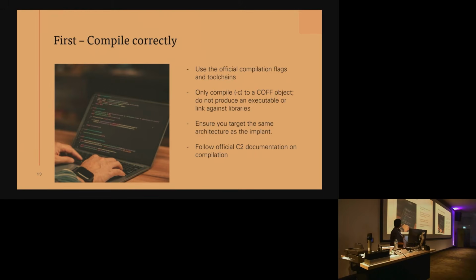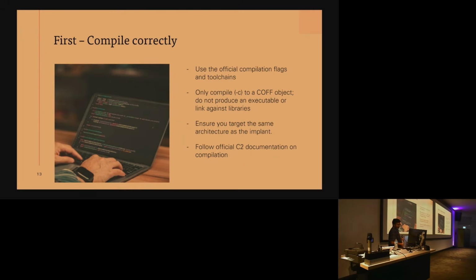So first of all, it's the basic stuff: compile correctly. You will have to use the official compilation flags and toolchains for the BOF, because it depends on the C2 provider, and always try to use the -c flag to get a COFF object, because -c during compilation creates a COFF object, and you shouldn't create an executable or link against libraries such as DLLs or SOs.